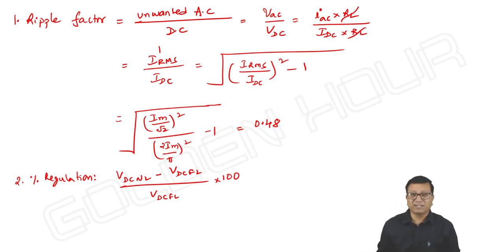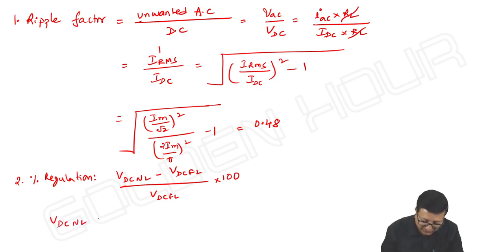It doesn't mean that RL is infinite. If RL is infinite, the circuit doesn't work, right? Open circuit terminal, no diode conducts at all. So we should see that the diode is with minimum conduction. There is a current flow, the RL is increasing such that IL is about to approach 0, but not exactly 0. Okay, so VDC no load is equal to VDC with RL maximum.